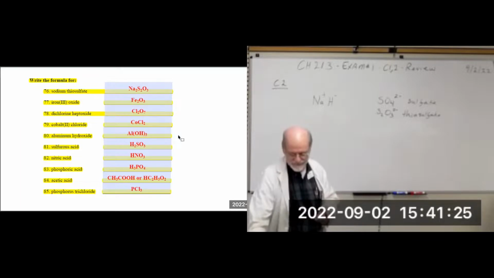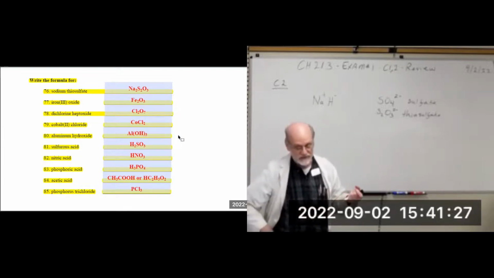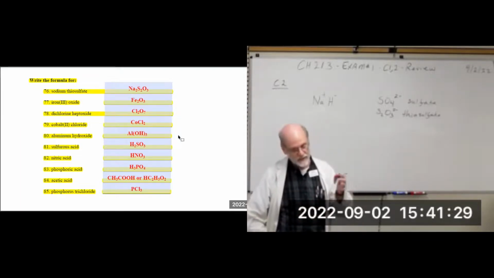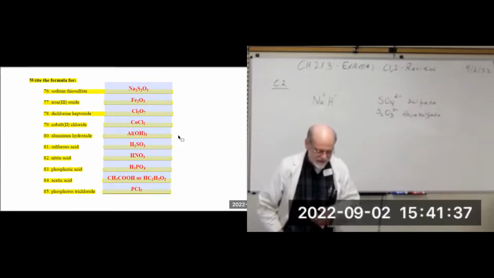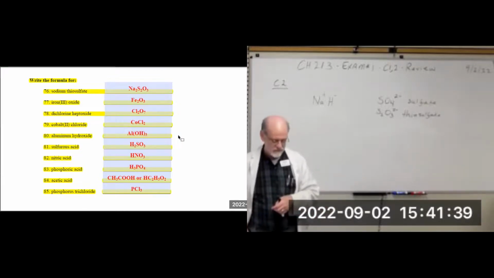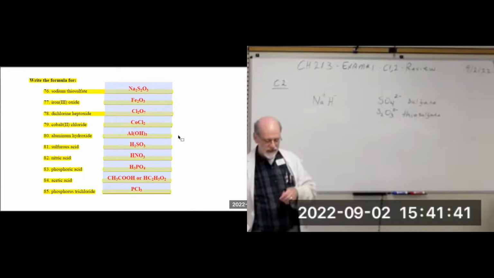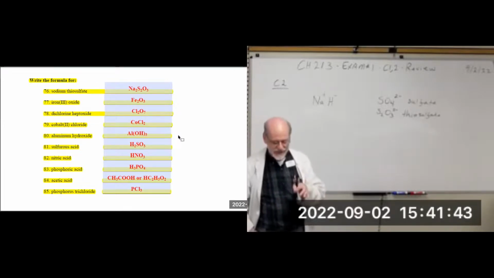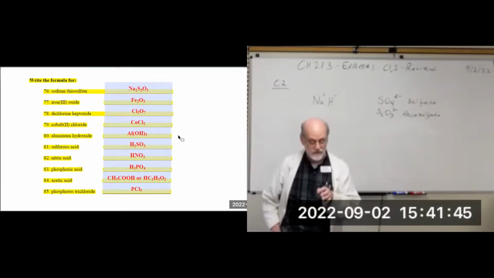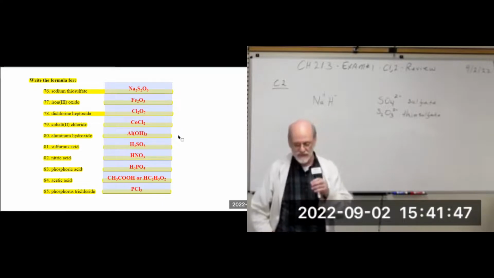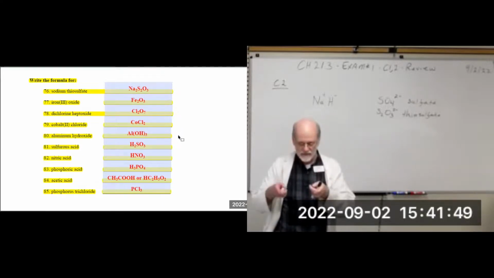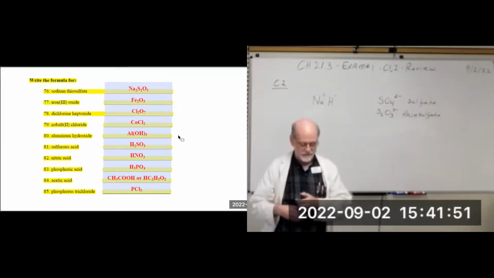Aluminum hydroxide. Aluminum's always +3. Hydroxide is a polyatomic with a -1, so there's your balance of charge. H2SO3. Now, technically speaking, in order to classify that as an acid, H2SO3 as sulfurous acid, you would have to say H2SO3 (aq) for aqueous.